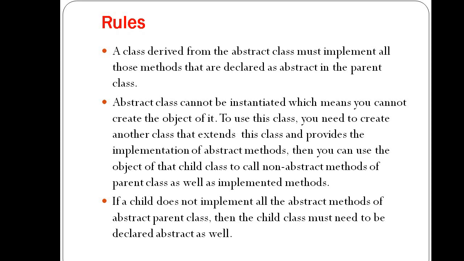To use this class, you need to create another class that extends this class and provides the implementation of the abstract methods. Then you can use the object of that child class to call non-abstract methods of the parent class as well as implemented methods. If a child does not implement all the abstract methods of the abstract parent class, then the child class must be declared abstract as well.